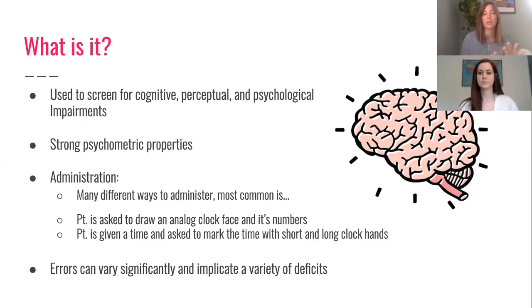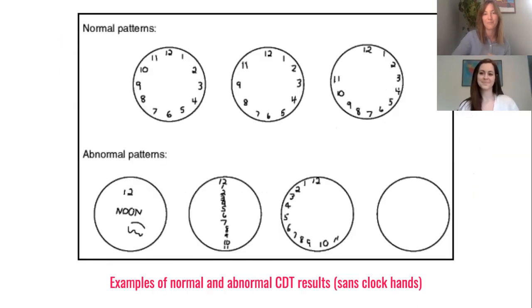And then generally, the person taking the test is given a time. Historically, the time has been 10 after 11. And they're asked to mark that time with the appropriate length of the clock hands. So depending on the error and the part of the brain, Jess is going to get into what errors might look like.